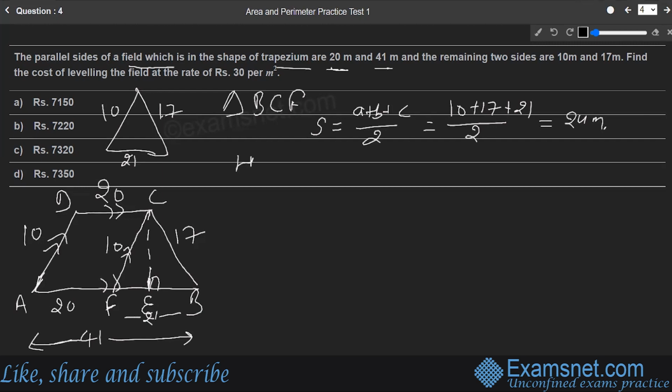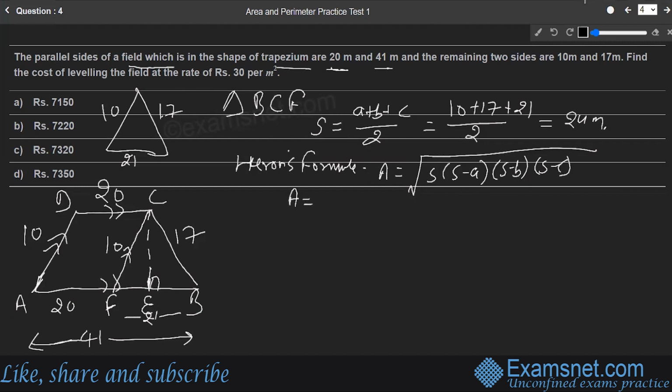Then Heron's formula says area is equal to the square root of S into S minus a, S minus b, S minus c, where a, b, c are the sides of the triangle. So let us find the area. The S value has come out to be 24. So it's going to be 24 into 24 minus 10, 24 minus 17, and 24 minus 21. Let us solve it.